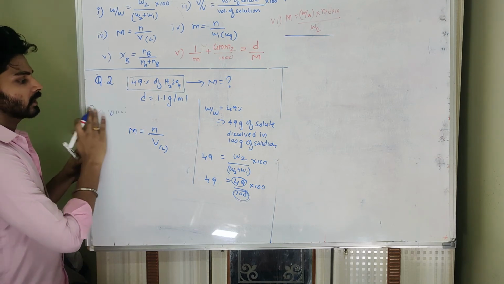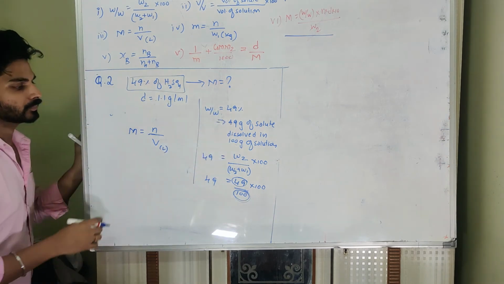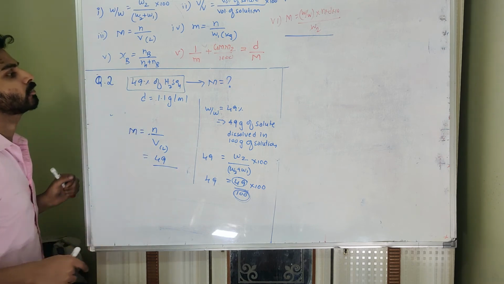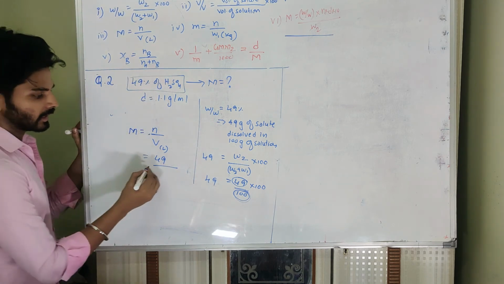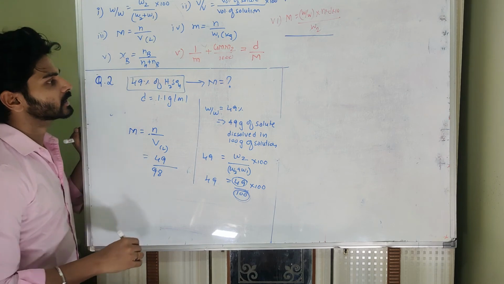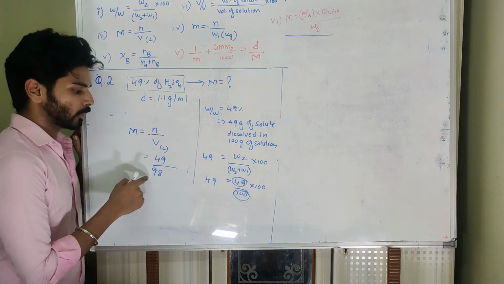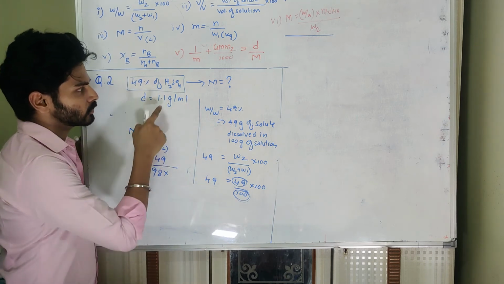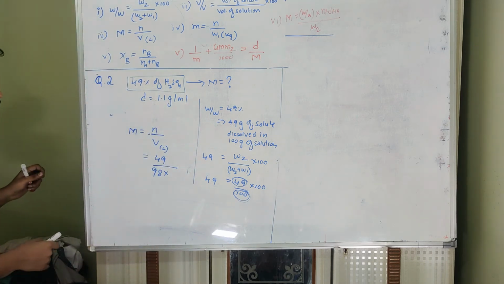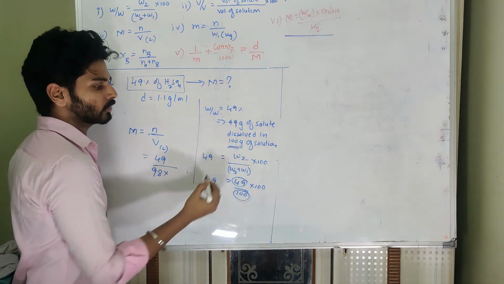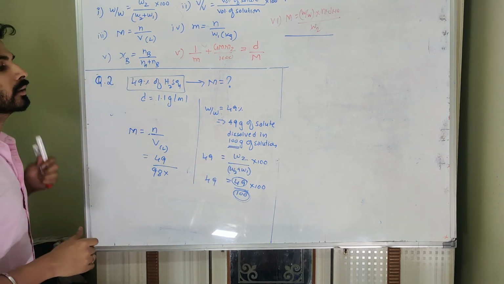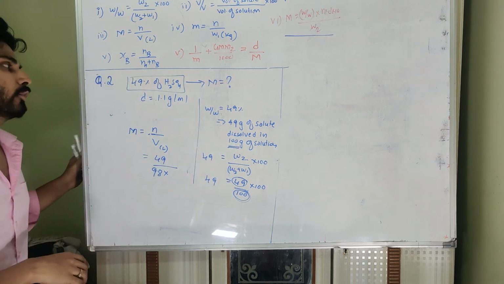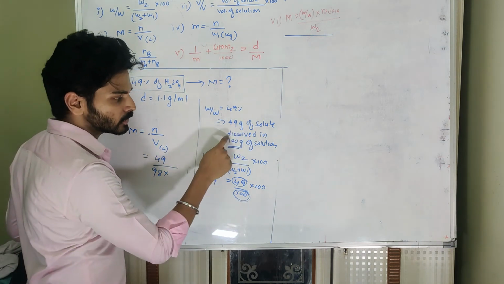When you do that, you come to know the mass of solute. So that is 49 divided by, you have to have mole there. Sulfuric acid is 98, the gram molecular mass. So 49 upon 98 into the volume of the solution we need. Density of the solution is given to us, and mass of the solution is known to us. Otherwise we won't be able to know the mass of solution unless you understand this: 49% is 49 gram of solute dissolved in 100 gram of solution.